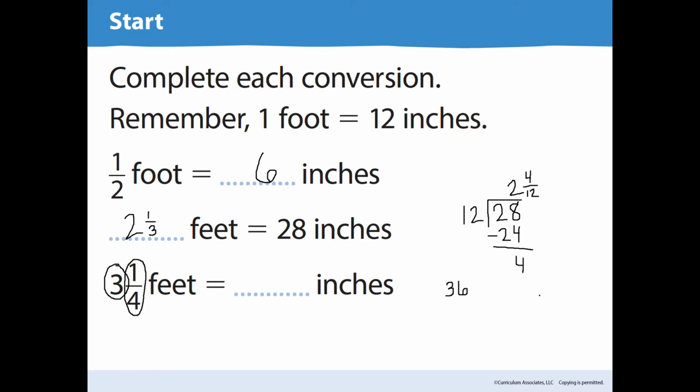There are 12 inches in a foot, and if I divide that into fourths, then each fourth is 3 inches long. So 1/4 is 3 inches, so I'm going to add that 3 inches to my 36 inches, and the total is 39 inches.